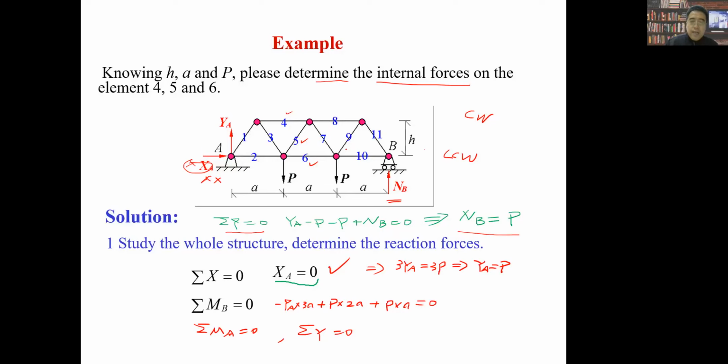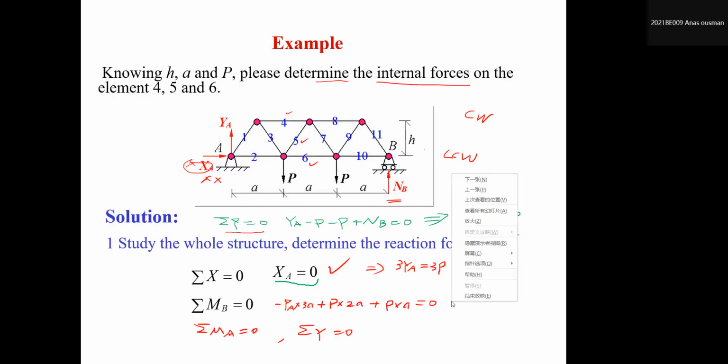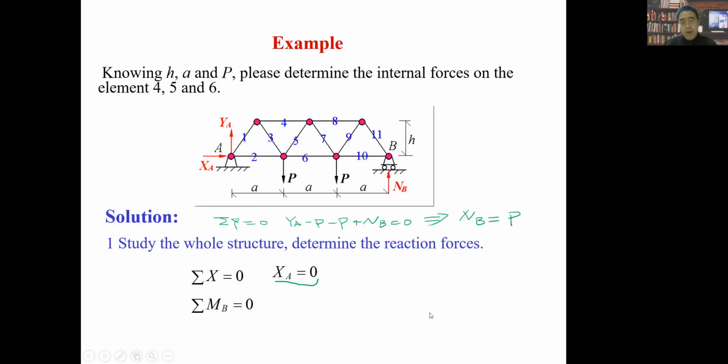Can you guys understand my meaning? From the symmetrical point of view, we can very easily find the magnitudes of YA and NB, right? So I will erase all the things here. We have found XA, YA and NB. So this time we'll try to find the internal forces of members 4, 5, and 6.